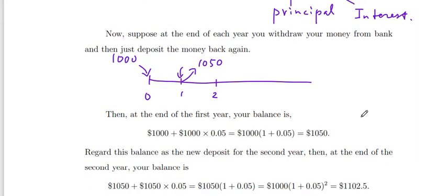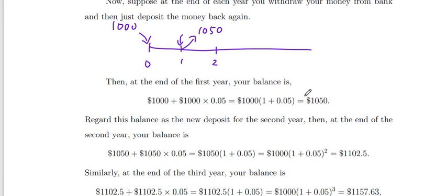So this 1050 is your new deposit, and after 1 year your balance equals your deposit plus your interest. Interest is 5%, so it's 5% of this 1050, right?